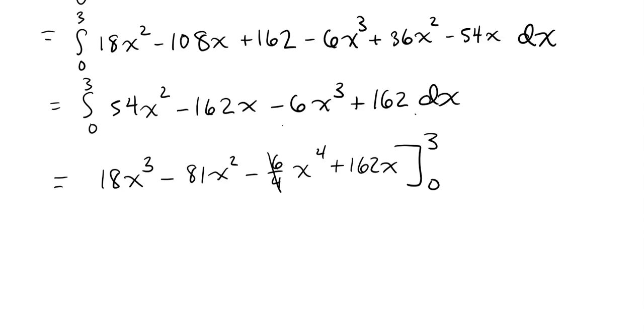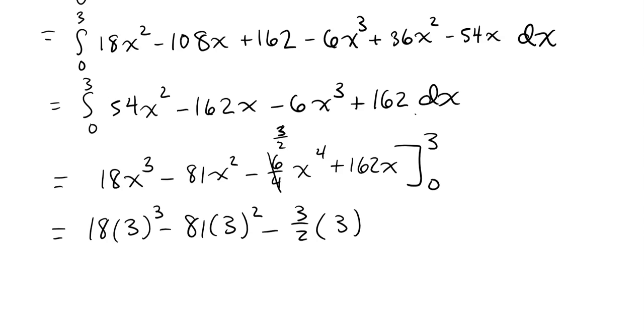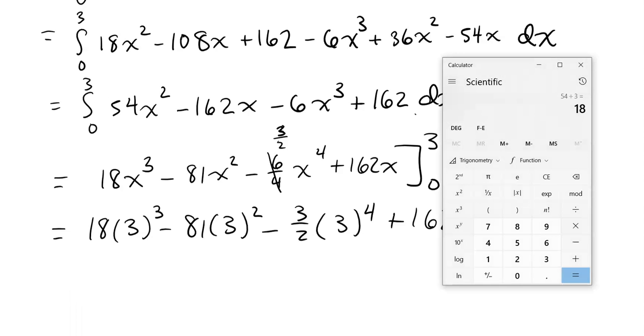So 6/4 is 3 halves. So we're going to have 18 times 3 cubed minus 81 times 3 squared minus 3 halves times 3 to the 4th plus 162 times 3, and then minus, plugging in 0 just gives 0 to all of those polynomials.